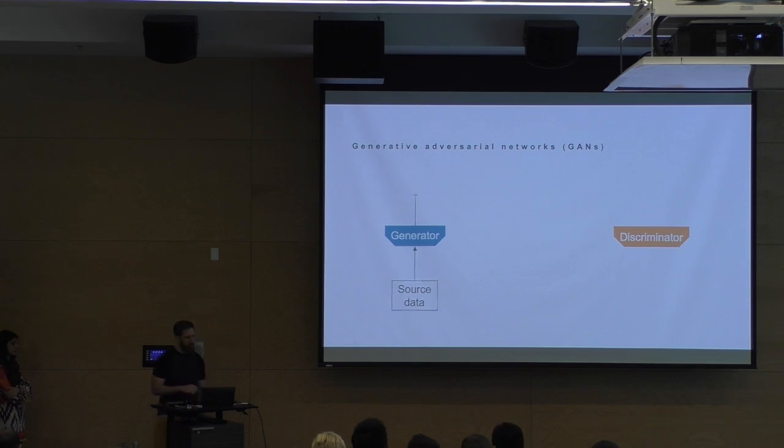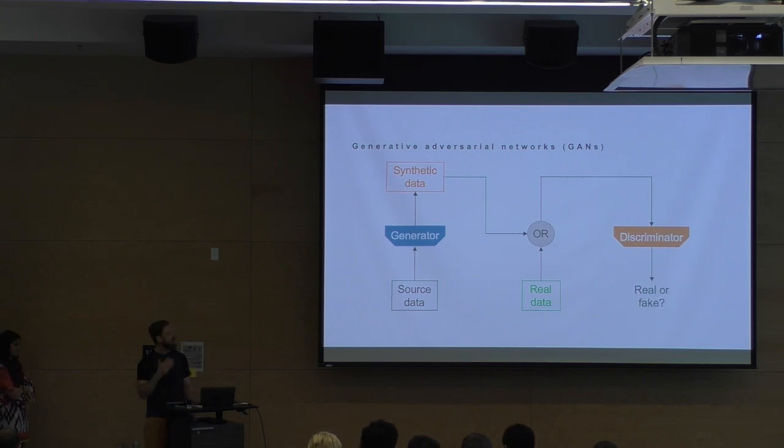The generator network gets some source data and has the task to produce synthetic data with specific characteristics that you decide. And this synthetic data, or part of the real data, then gets fed into the discriminator network, which has the only task to decide: the stuff that I'm seeing right now, is it real or fake data?